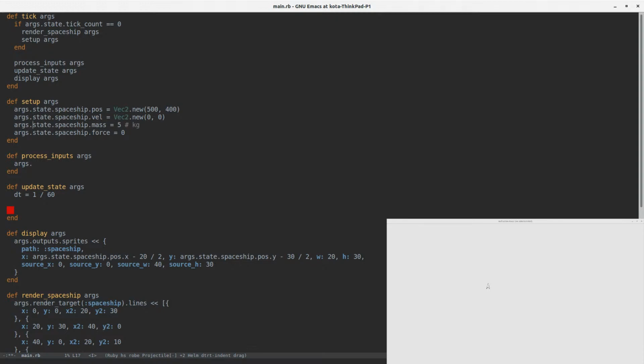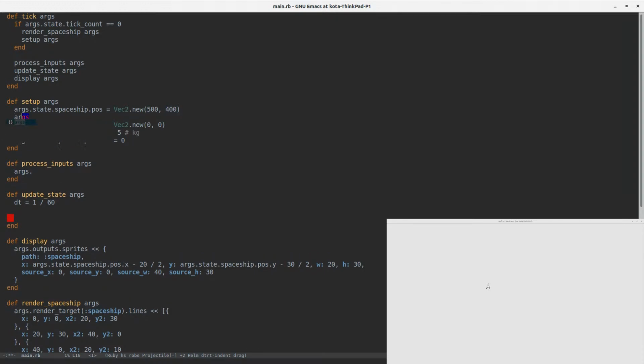And that actually reminds me, we also need an orientation. Orientation. So orient. And for the most part, I'll be working in radians here, but for the actual orientation, I'm going to keep it as a vector. So initially we'll have it be 0, 1, and this we'll try to keep as a unit vector. So basically a unit vector has a magnitude of 1.